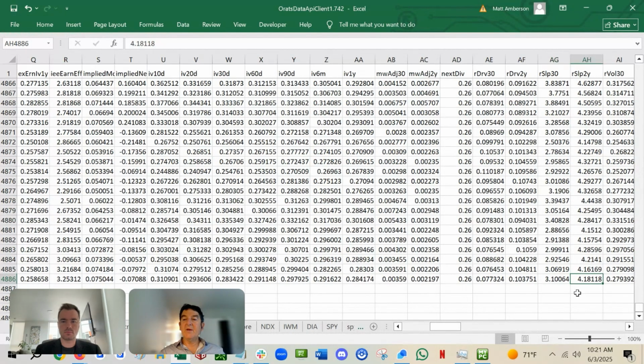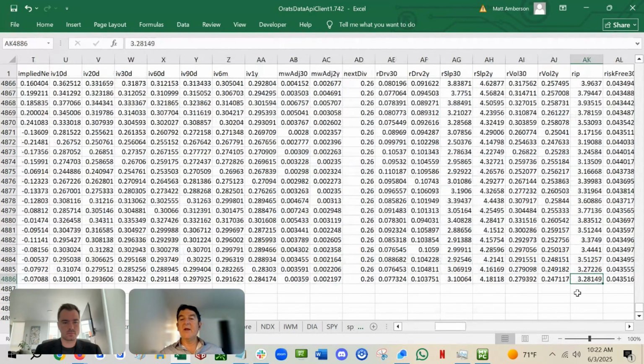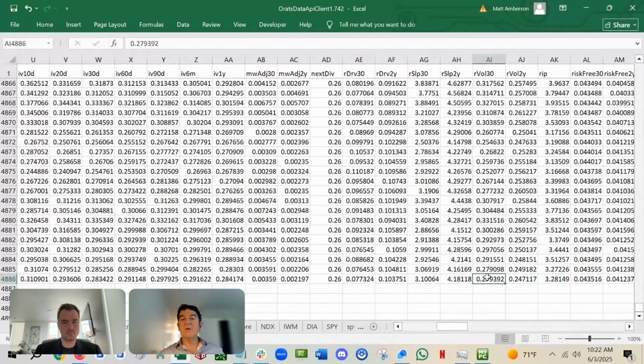So there's that. And then we have a different calculation, which some people ask us about, which is between RVol 30 and IV 30-day. RVol 30 is one of the parameters that we use to calculate the entire volatility surface.